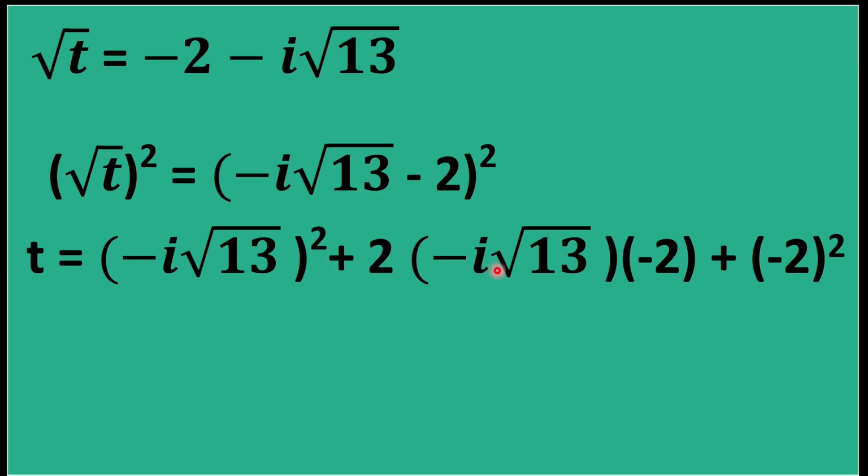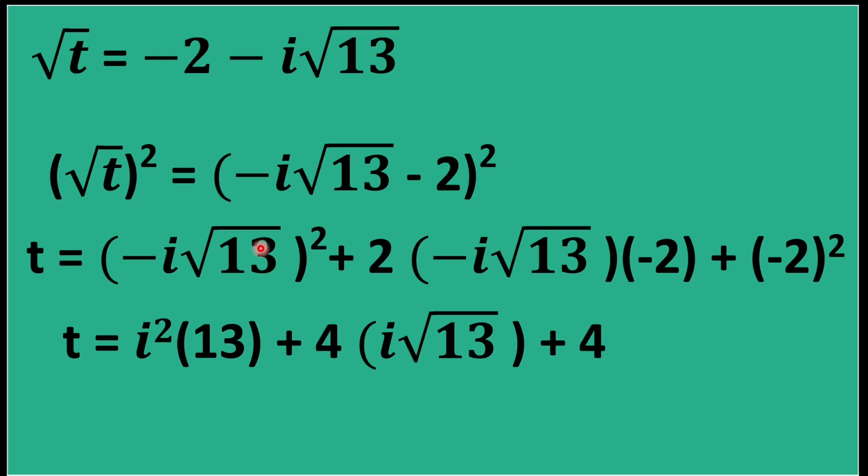So this will become iota square under root 13 plus, here minus and minus when multiplied will become plus, and 2 times 2 equal to 4. So this will become plus 4 iota under root 13, and minus 2 square equal to plus 4.